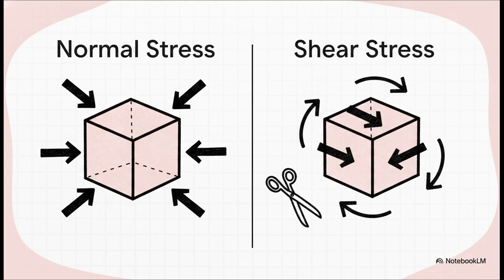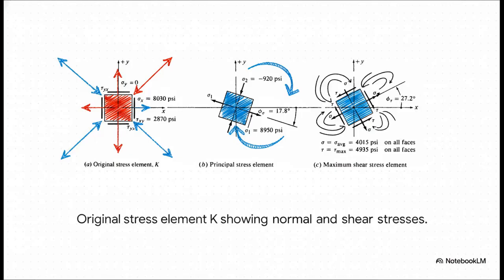And this brings up a brilliant physics concept. If only one pair of shear stresses acts on an element, it would literally spin out of control. So to maintain equilibrium, there always has to be a second pair acting in the opposite direction. Just to paint a mental picture, imagine our original stress element. Let's just call it element K. It's sitting there in a state of plane stress, which means the stresses on one surface of this 3D element are 0.